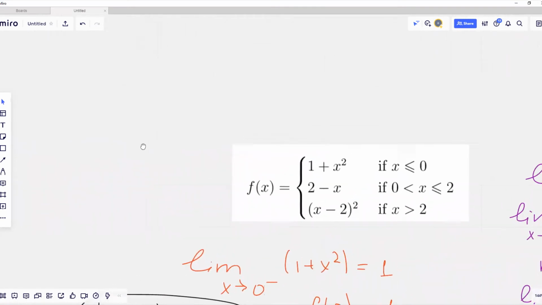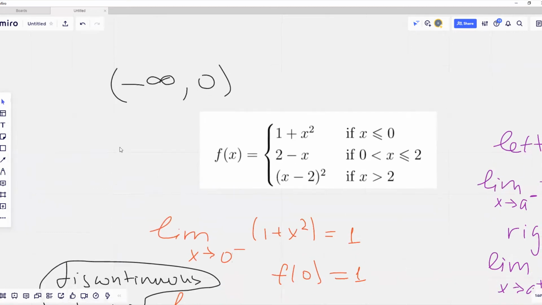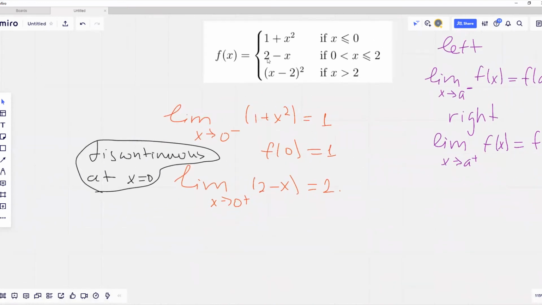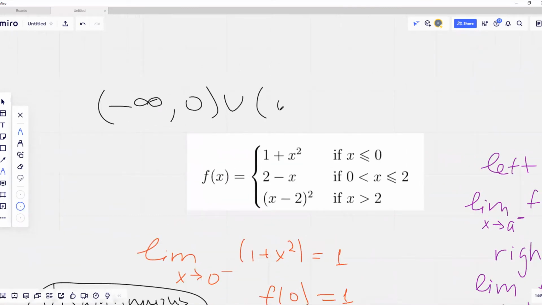Anyway, so let's start writing down the intervals where our function is continuous. Here we see a polynomial, it's continuous everywhere. So first interval where f of x is continuous is from minus infinity to 0. And at 0 we have discontinuity. Next, 2 minus x is again a polynomial. It is continuous everywhere. So now let's check point x is equal to 2.